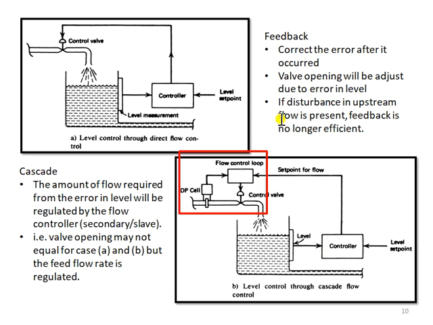So coming back to the original problem, the controller will send the controller output, which will become a set value to the secondary loop, and the controller will only monitor the level.